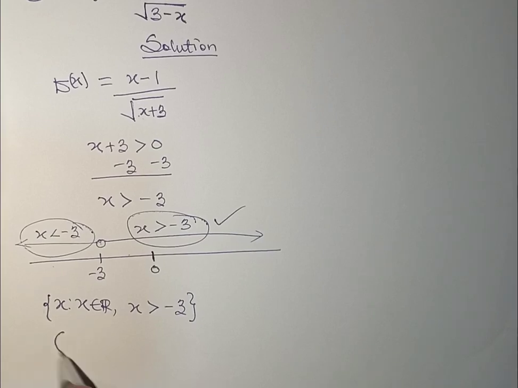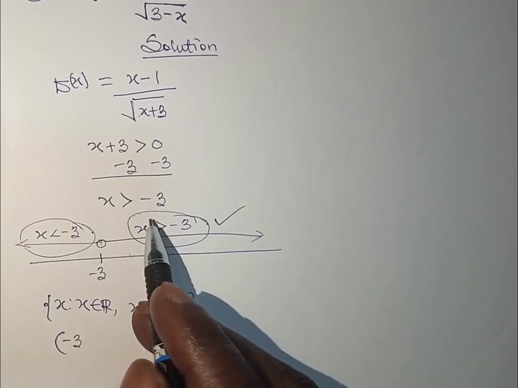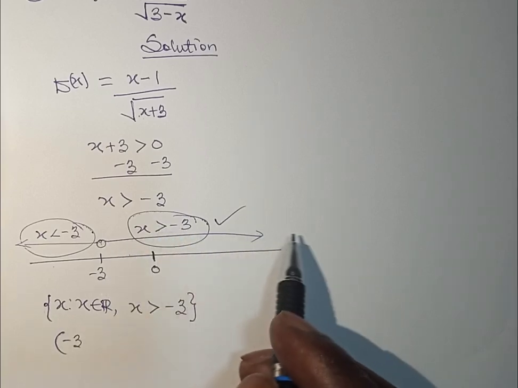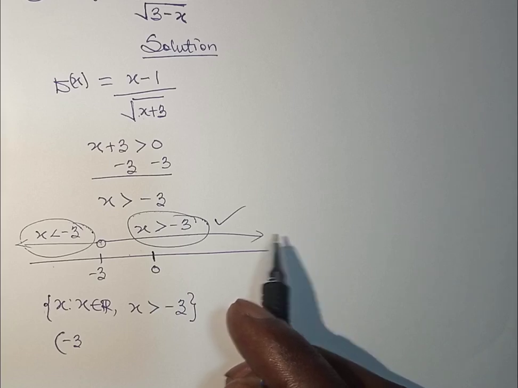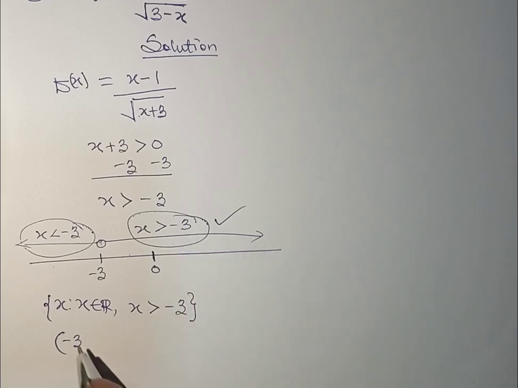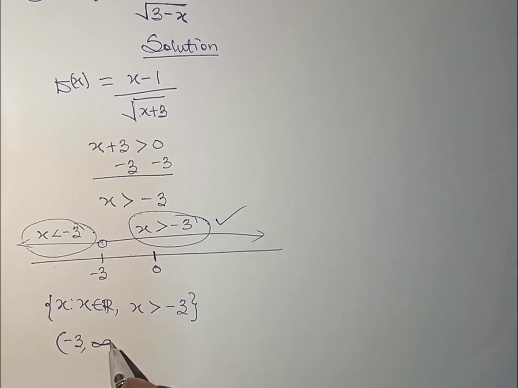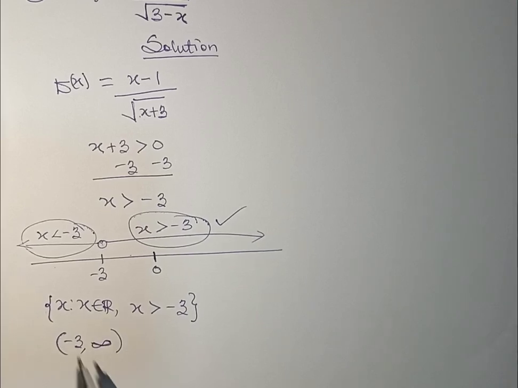We only write -3, and we are saying x is greater than -3, so we are moving in the direction where we have all positive numbers. For that matter, we get positive infinity. Good, so this becomes our domain.